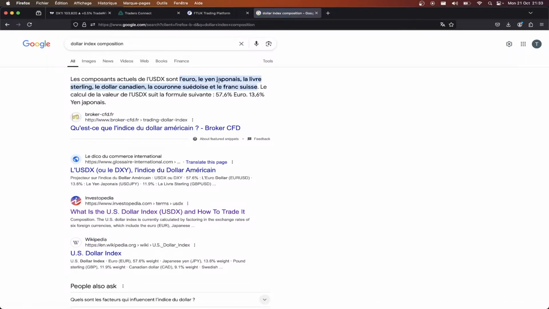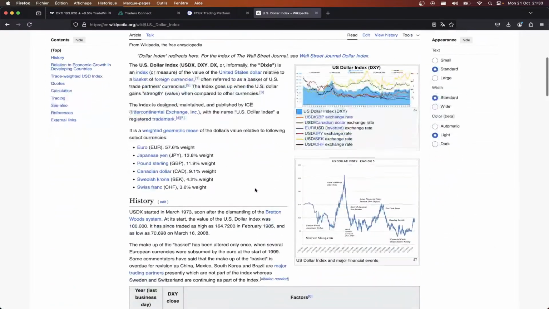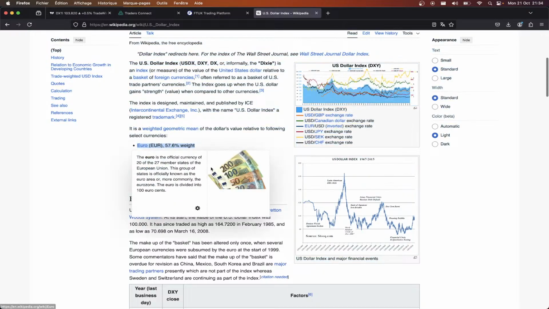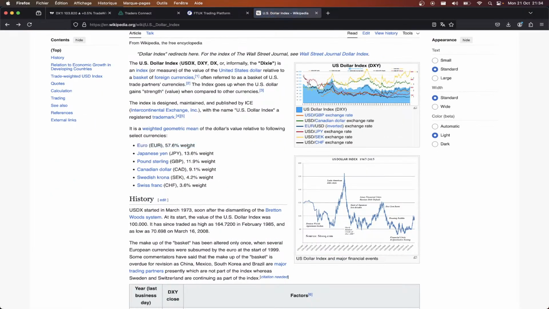Okay. What is the US dollar index and its weight? Let's take Wikipedia. So most of the weight in the US dollar index is the euro. Then we have the biggest currencies here with the Japanese yen, the pound sterling, and the Canadian dollar.